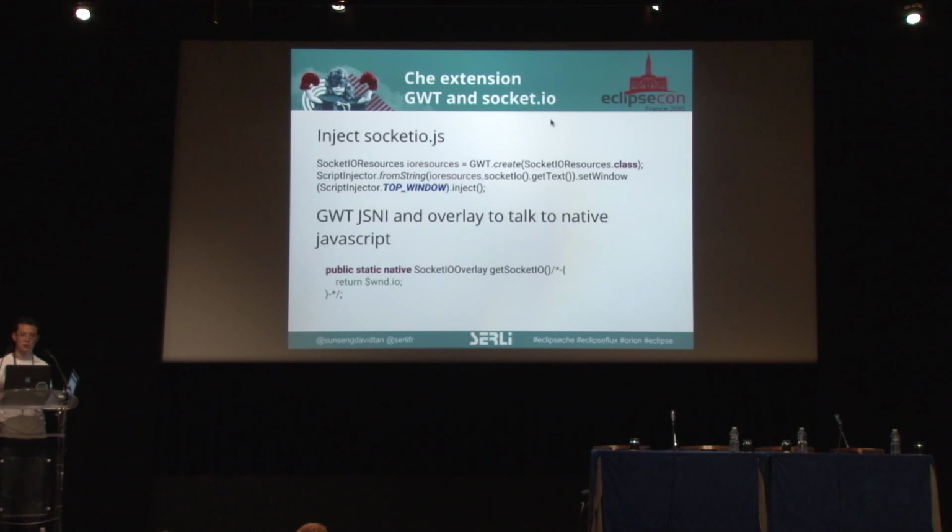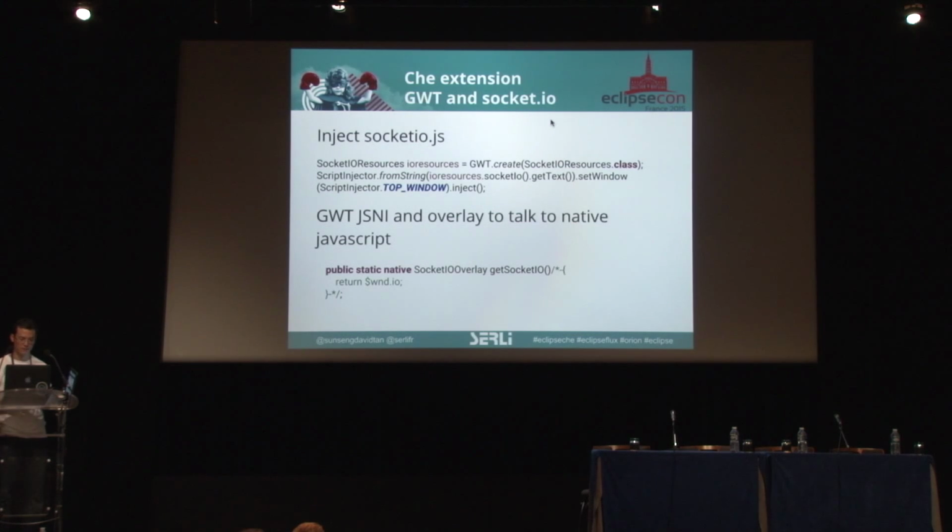But Flux uses Socket.io, which has to make a handshake that is not possible with the normal WebSocket object. Because Eclipse Che is written on the client side in Google Web Toolkit, we have to call Socket.io JavaScript objects from Java.